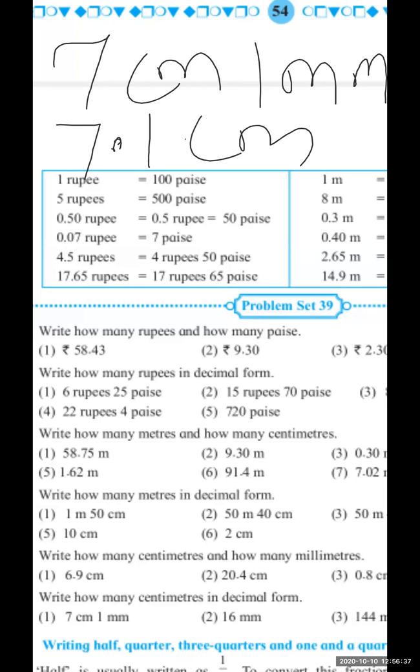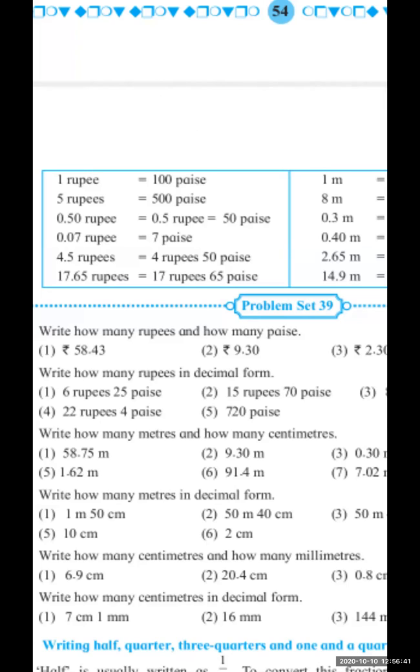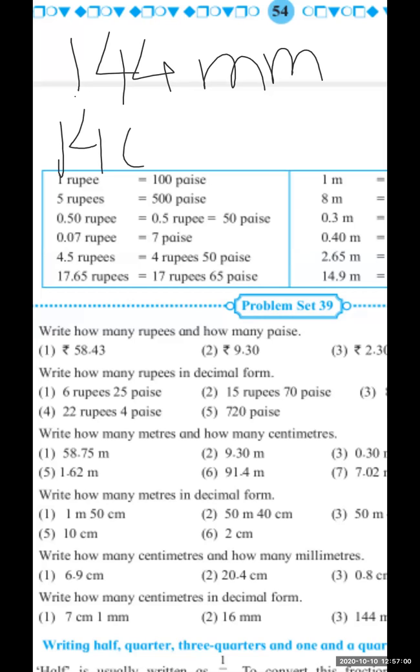Okay. Then next is 144 millimeter. So 144, here 140 is there. 140 millimeter, so 14 centimeter will come. 14 centimeter and 4 millimeter. ये हम लोग ने ऐसा क्यों लिखा?